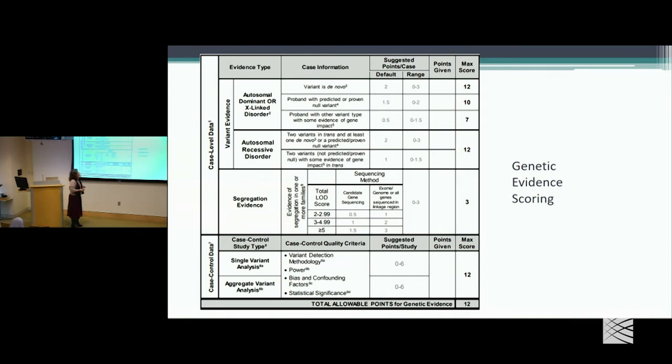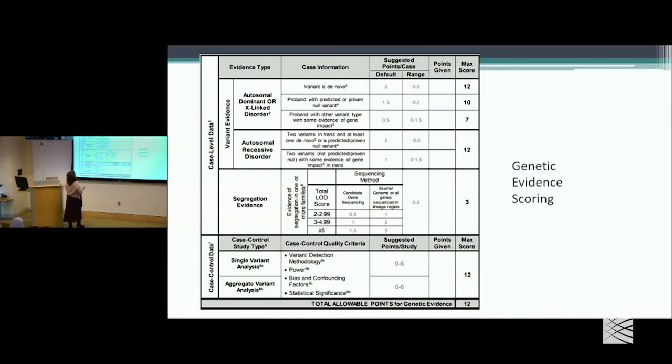Proband with a predicted or proven null variant, so your loss of function, frameshift, nonsense, canonical splice site variants. And we sort of guide with a default scoring, but then give a range. If there's a missense variant that's predicted by all the programs to be impactful, or only half of them, I'm going to give a little less points for that variant because it's just computational predictions, versus there was a functional assay that showed that variant disrupted function.